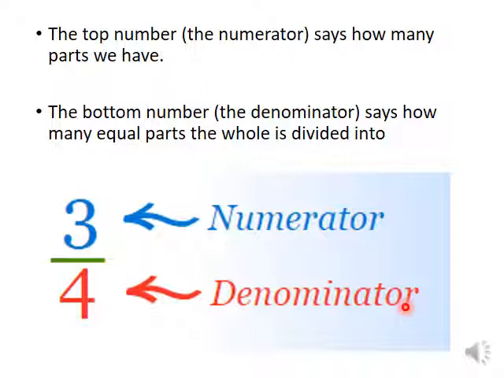So in your head, imagine that you have a whole pizza, and that whole pizza has been split into 4 equal pieces. That would be the denominator. It's been split into 4 equal pieces. The numerator says how many parts we have. So at the moment, I've got 3 pieces of pizza. I've got 3 out of 4 pieces of pizza. How greedy of me.